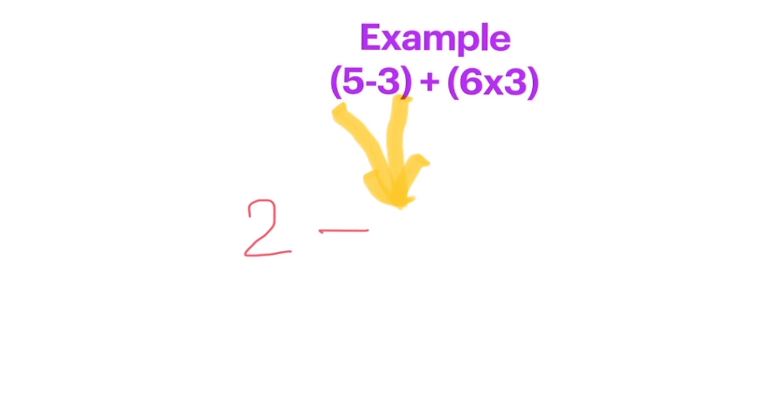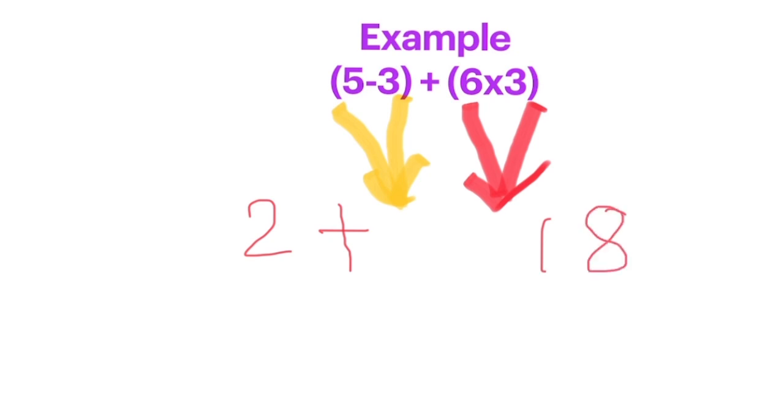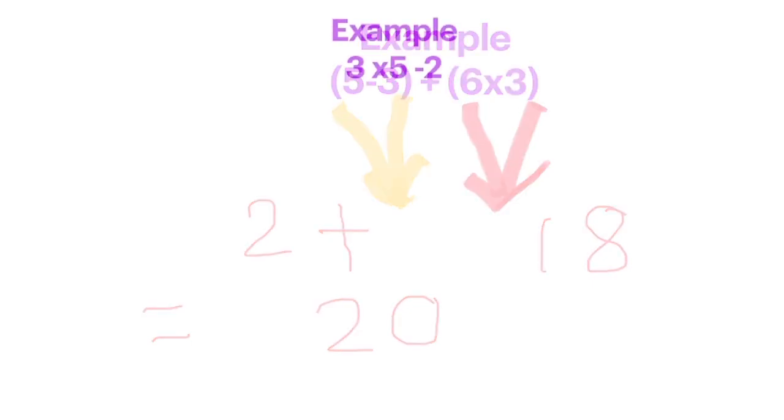Then just put the addition sign in the middle. Now go for the other bracket. So 6 times 3 is 18. So 2 plus 18 is 20. So the final answer is 20.